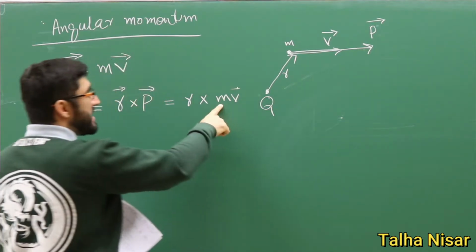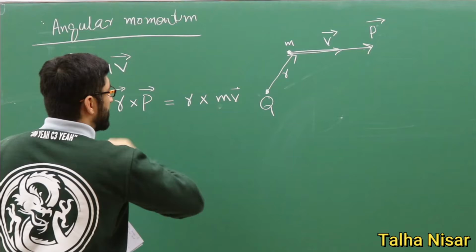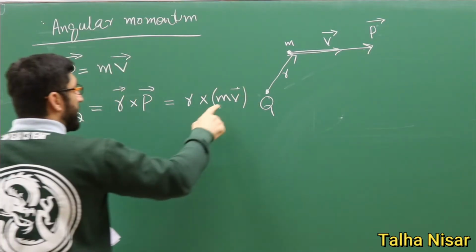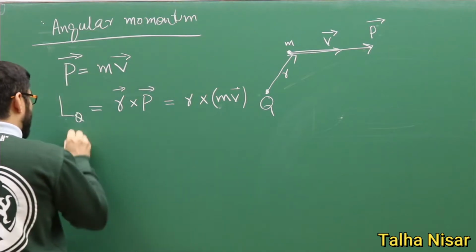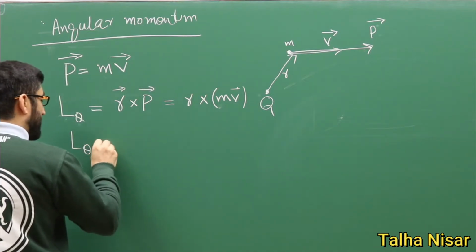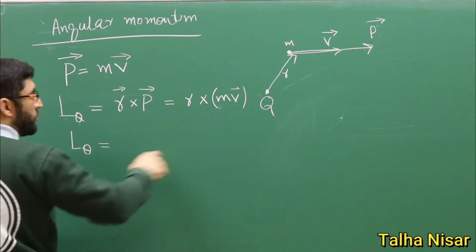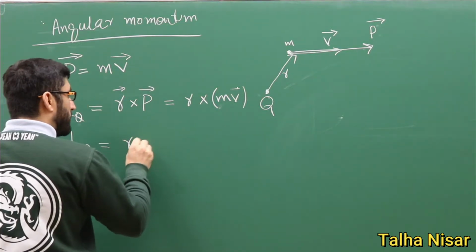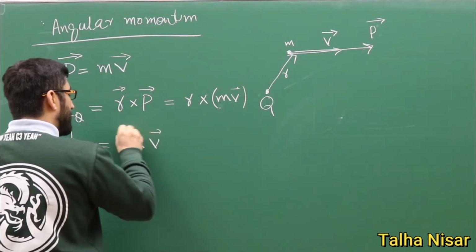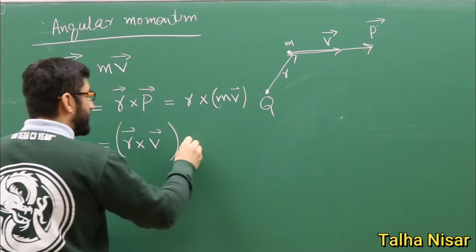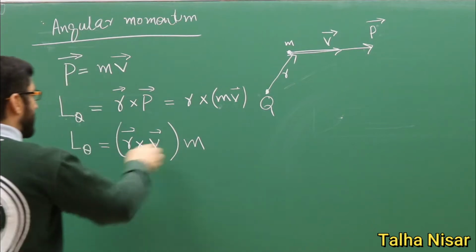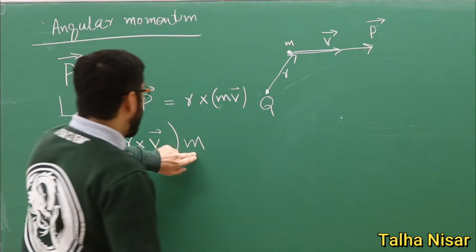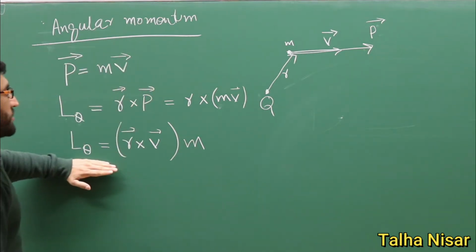It's a scalar, and v is a vector, so we can just take the mass out, and then we can write the angular momentum with respect to point Q as m R cross V. So we just take the mass out. This is our angular momentum, which can be written in this way.